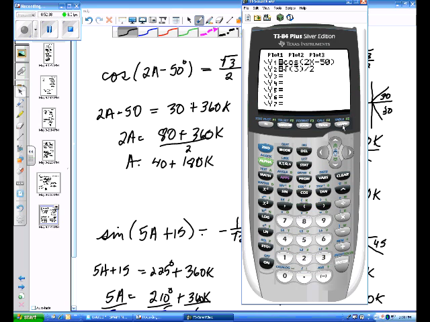Now we may have to go back. Let's graph it. We may have to go back and make it from negative 10. And in fact, we don't need all the negative sides. Okay, that looks like it gives it all, but we don't actually need those. We just need from 0 to 360 because we're just wanting those answers. And so we could go through then and find the points where these intersect.